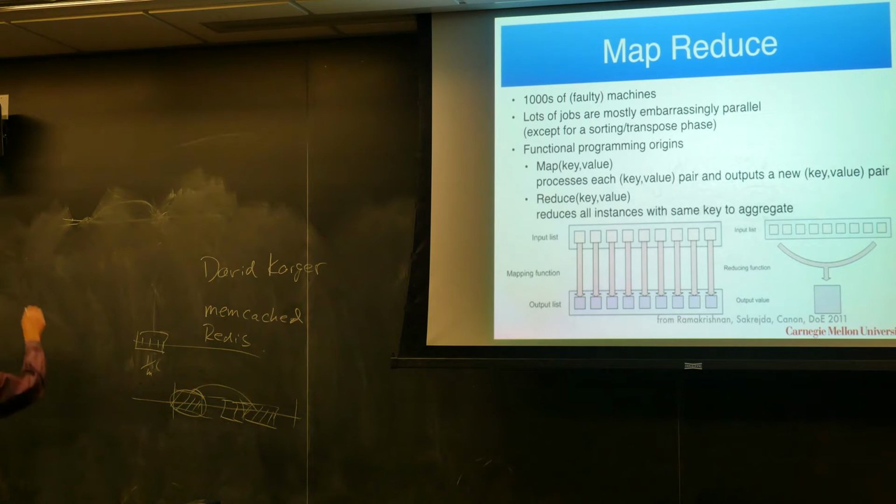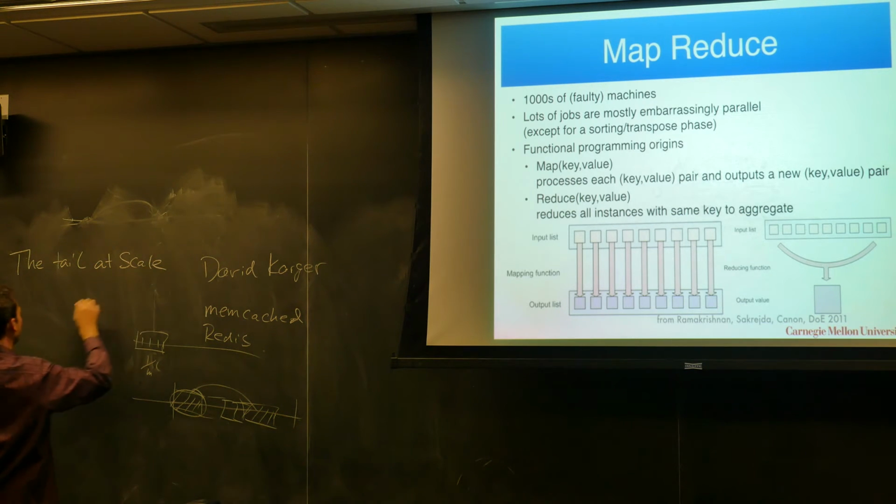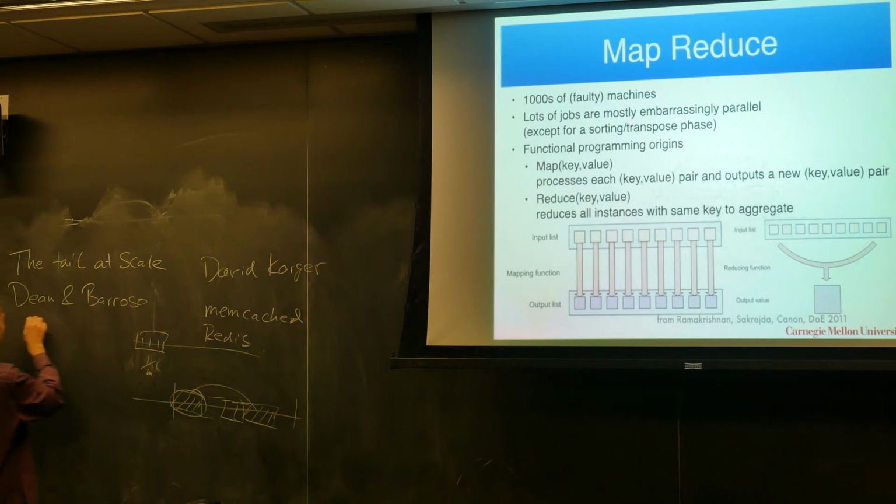There's a really cool paper. It's called The Tail at Scale. This is by, again, our friend Jeff Dean and Luiz Barroso. I think CACM 2014. It's an extremely well-written paper.